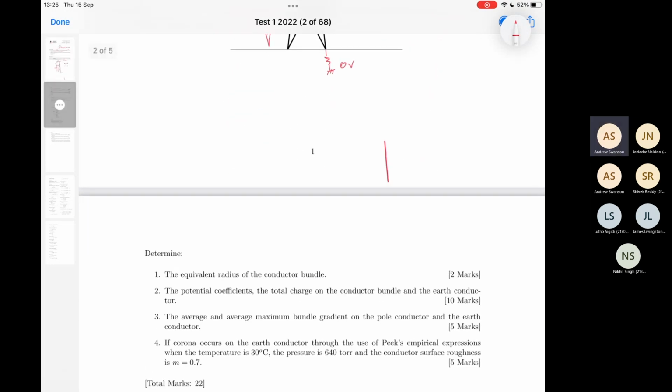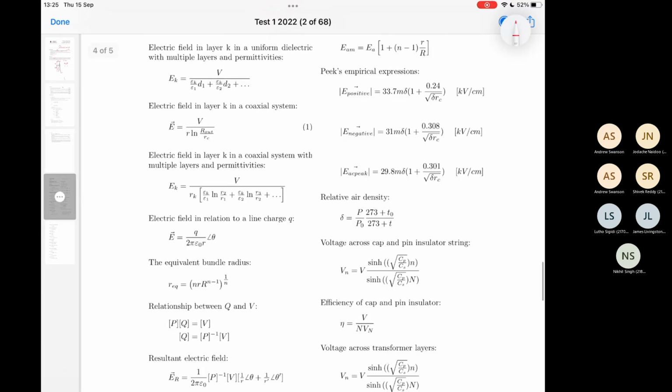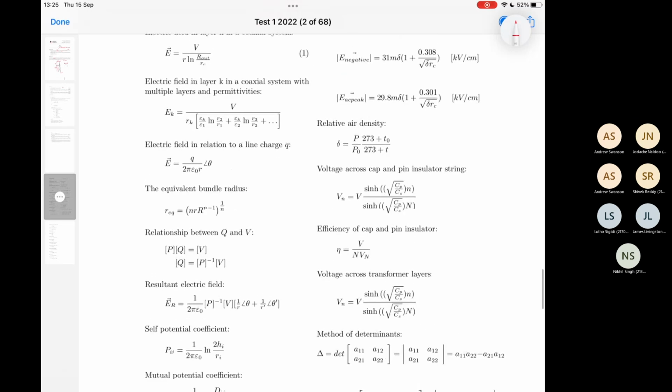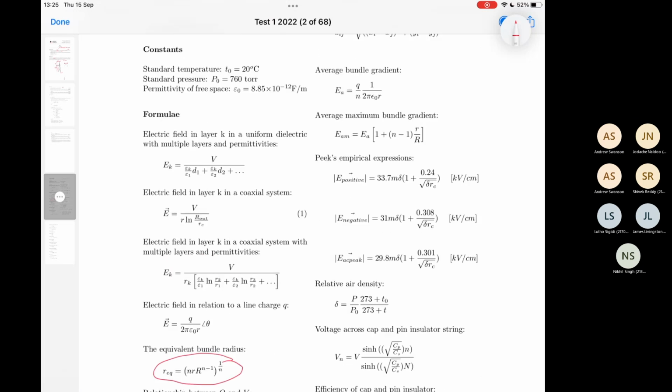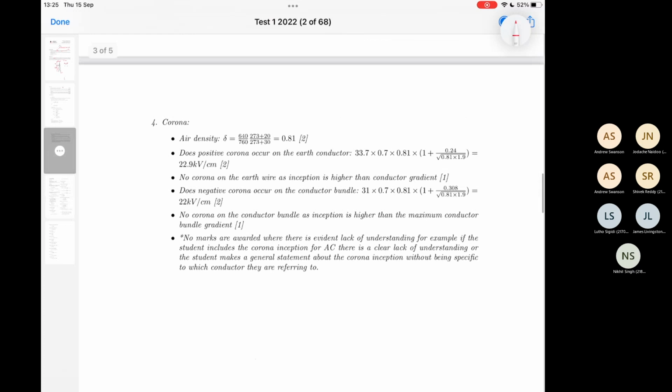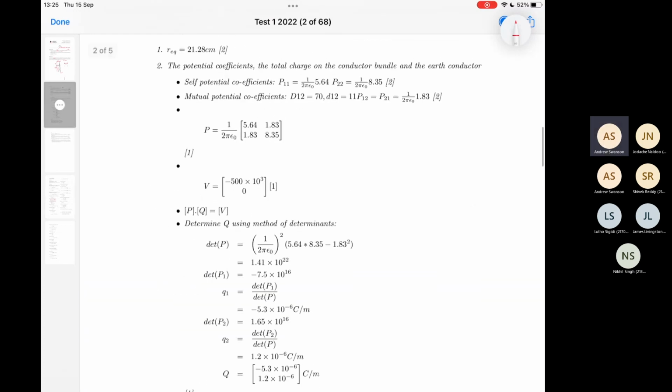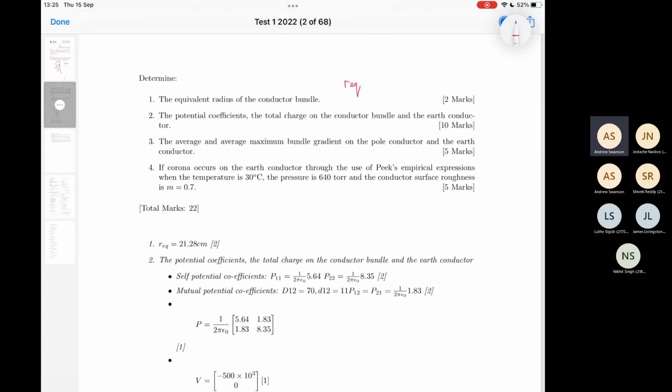So question one, the equivalent radius of the conductor, that will just be R_ec, or R equivalent. It's just applying that equation. I came out with a value of 21.28 centimeters.